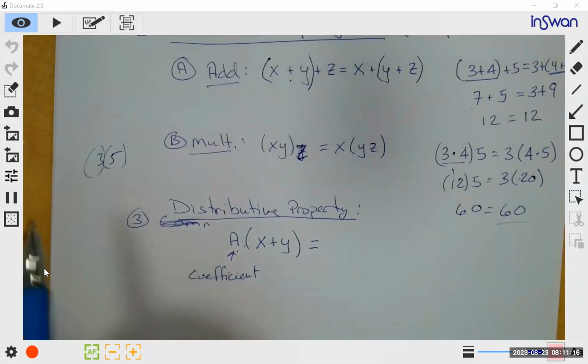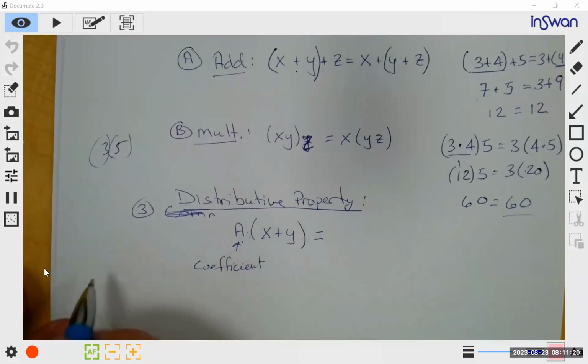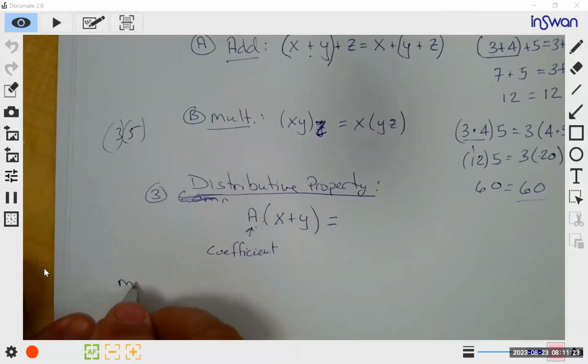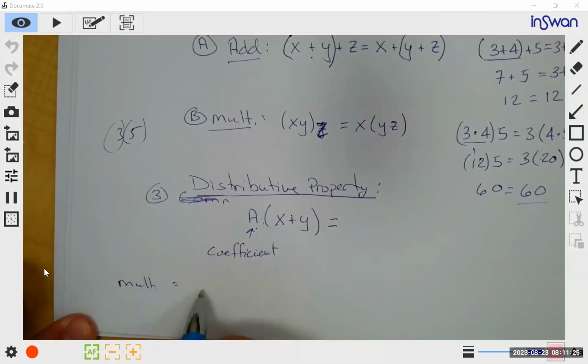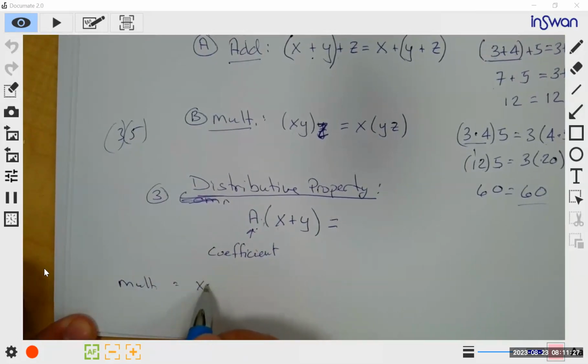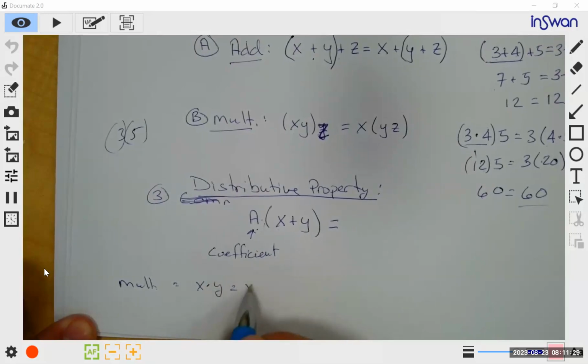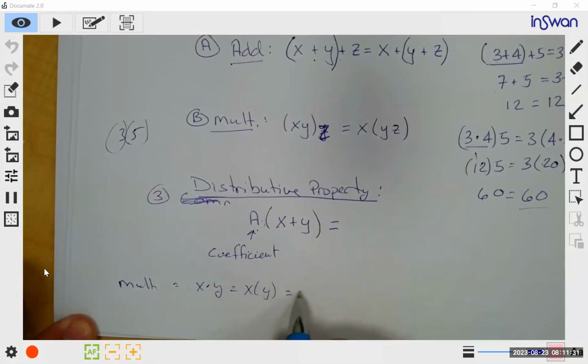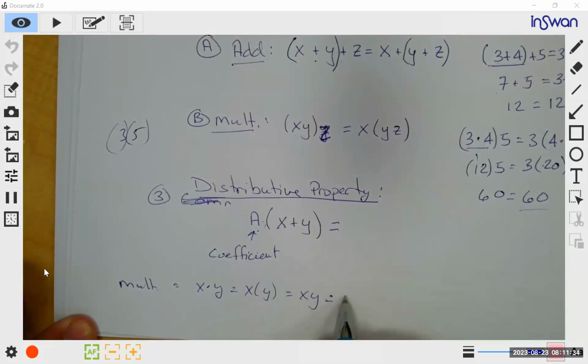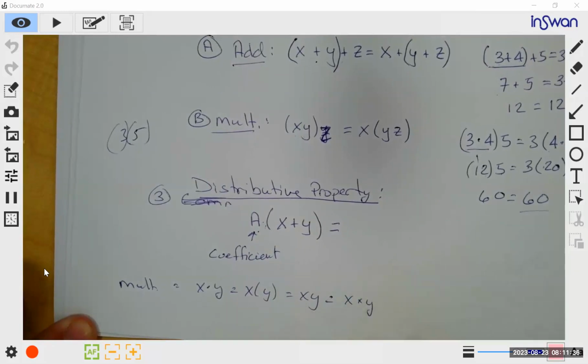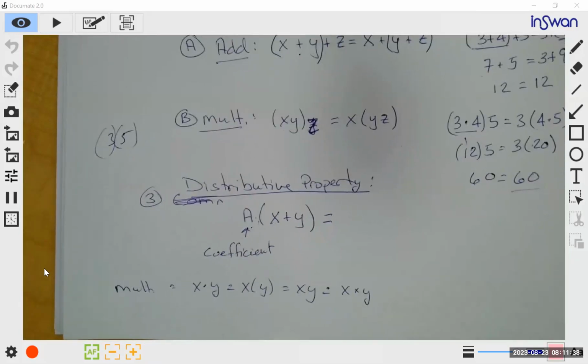There's nothing between them that implies multiplication. So multiplication can be written this way: x dot y, xy, x times y. All of those mean the same thing.